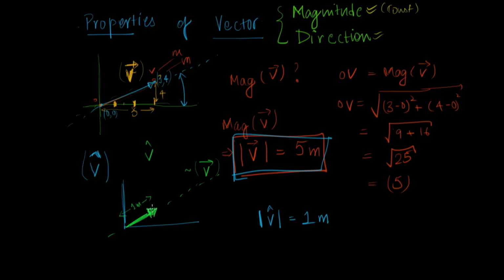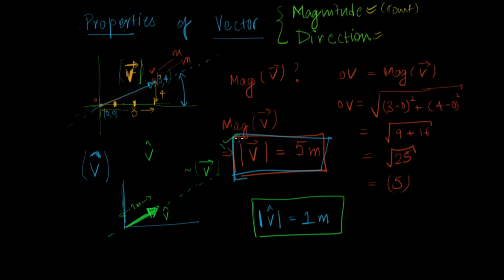This gives me the direction in which the original v vector was pointed, and this is the vector v hat or v cap. So that is the property of the directional vector of the vector v, which is just a v hat vector.